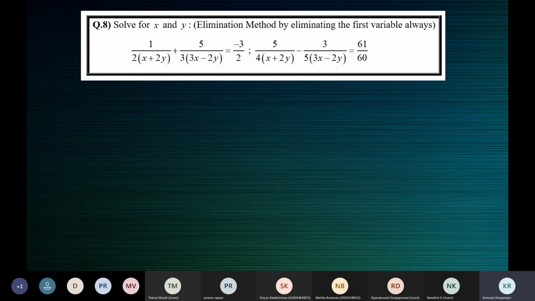When I ask you to work, this will be the instruction: use the elimination method, and all of you must eliminate the first variable so that it's easy to check the answer. Don't think all this instruction will be given always in my class, so that it's easy to check the answer. That's all.